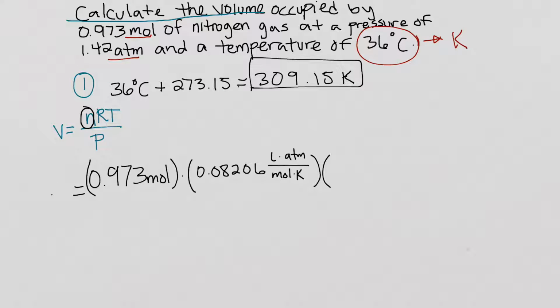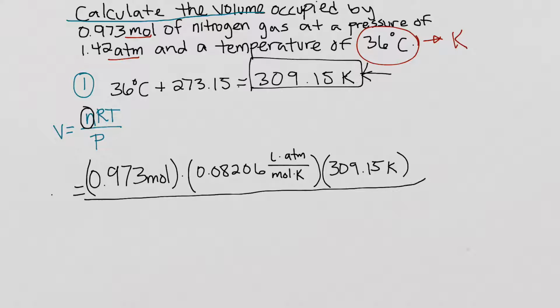So now we will be using this temperature, 309.15 Kelvin. And as I'm writing this, you can start seeing what units will be reducing. Over 1.42 atmospheres.